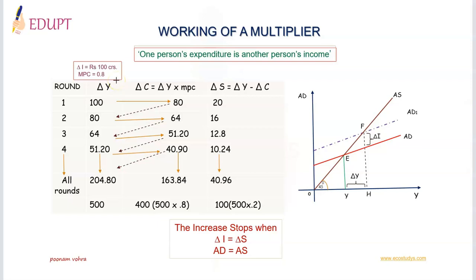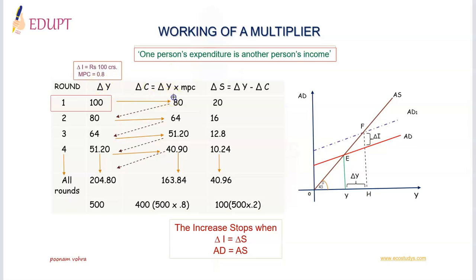Now the total increase in income is in several rounds. Let's see how. In the first round, investment means expenses on the producer goods.